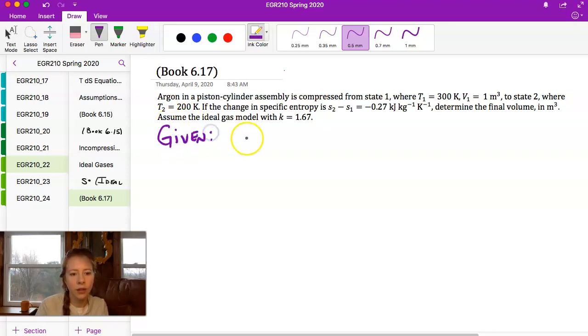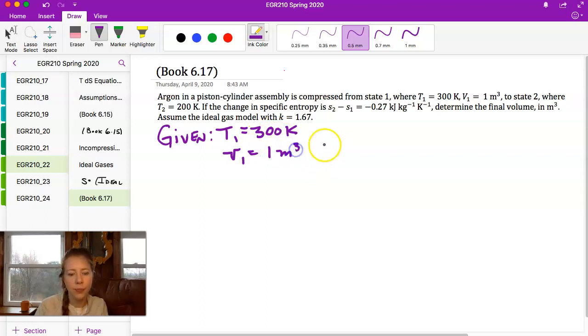So given T1 is 300 Kelvin, V1 is 1 cubic meter, T2 is 200 Kelvin, and k is 1.67.